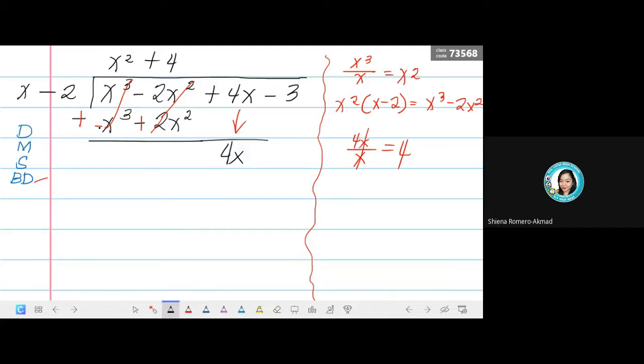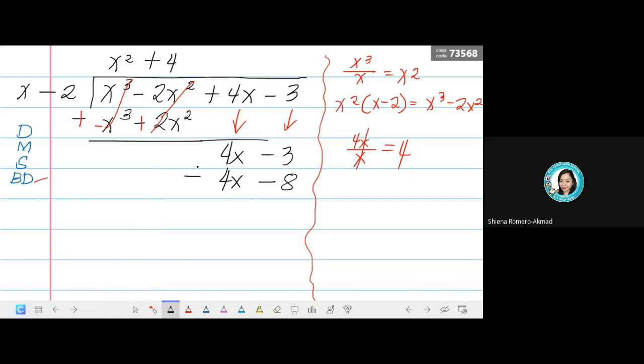We have 4x. Tapos we have 4 times negative 2 is negative 8. Then, tignan nyo po na hindi tayo makakapag-subtract dito kung hindi rin natin i-bring down si negative 3. I-bring down na rin natin siya para makapag-subtract tayo.